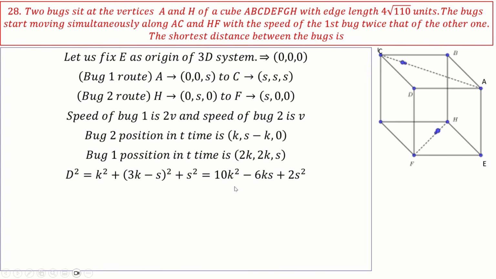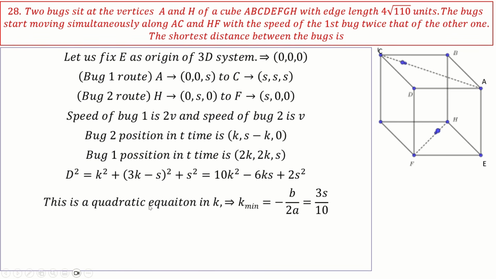We know the smallest value of a quadratic expression is at minus b by 2a. If you don't remember that, you can differentiate with respect to k and you will get the same answer. So k minimum is minus b by 2a. Here b is minus 6S and 2a is 20, so minus of minus 6S by 20 is 3S by 10. This is my k minimum.